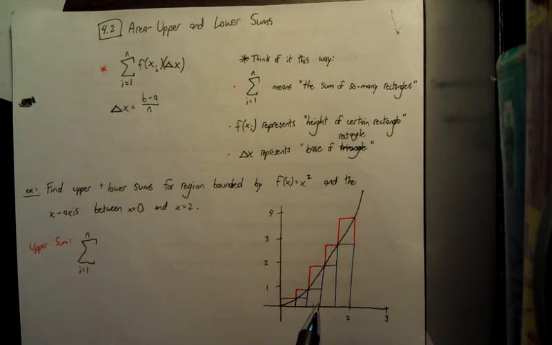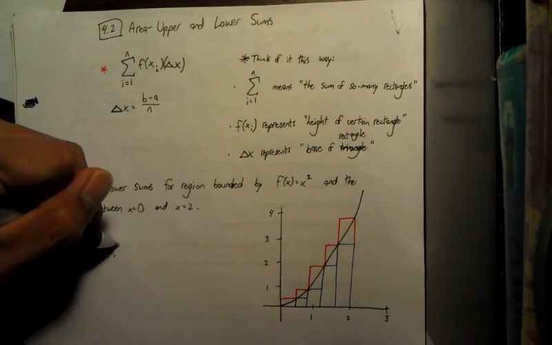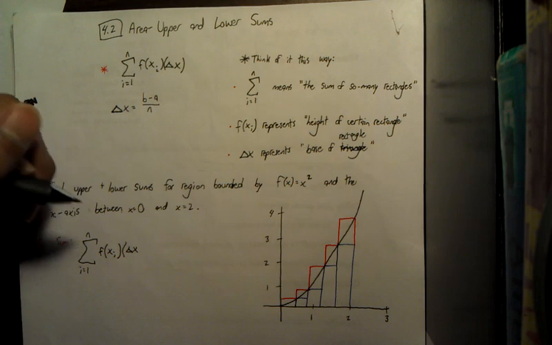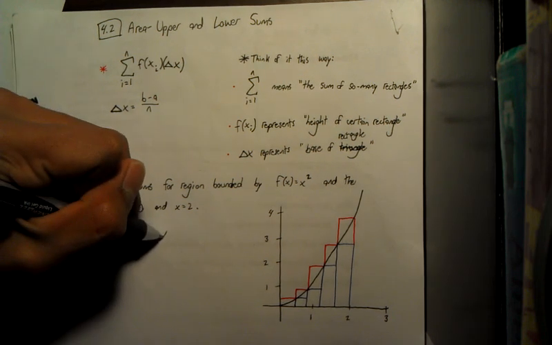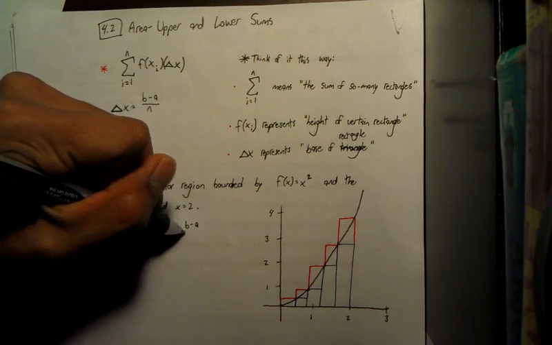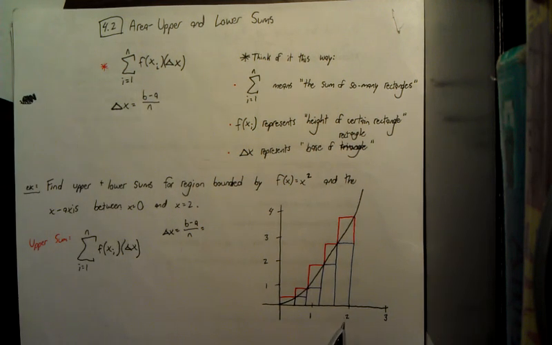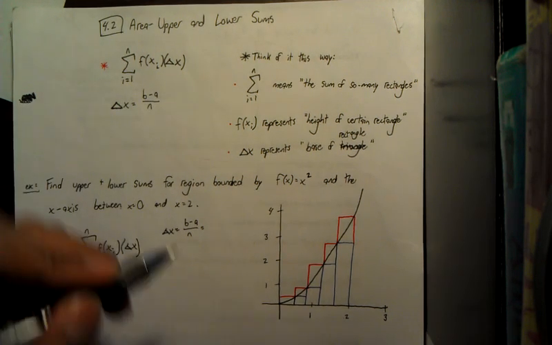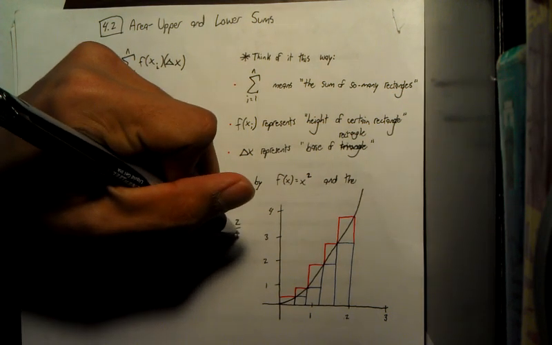This is just an arbitrary number of rectangles, of f of x sub i times change in x. Now our change in x is going to equal b minus a over n, which in this case our rightmost is 2 and our leftmost is 0. So 2 minus 0 over n equals 2 over n.